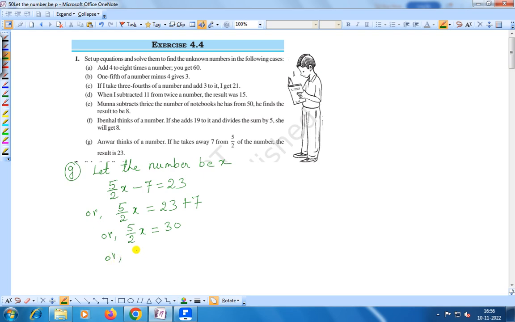Or you can say x is equal to 30 divided by 5 by 2. Or it can be said as 30 multiplied by 2 by 5. 5 sixes are 30, or 6 twos are 12. Or we can say that x is equal to 12 is the solution of the equation.